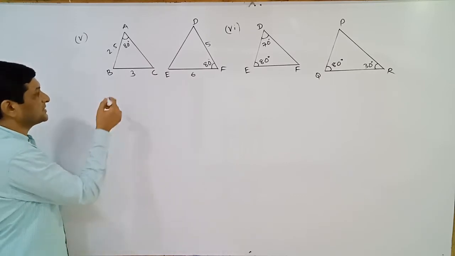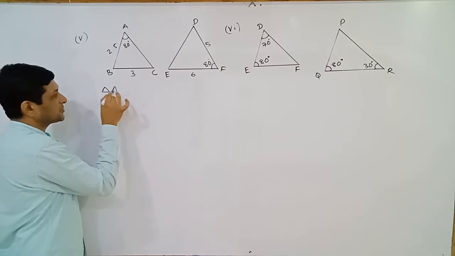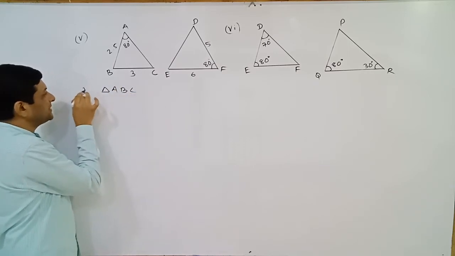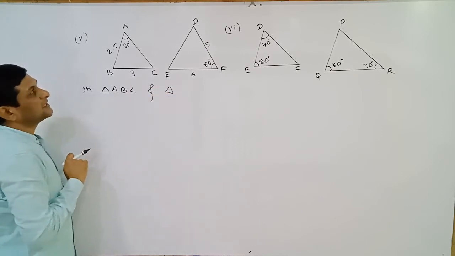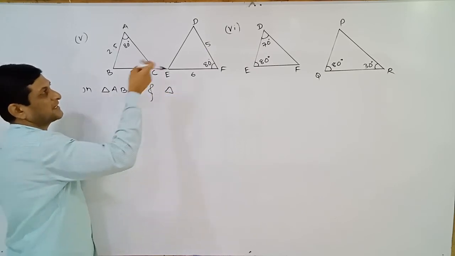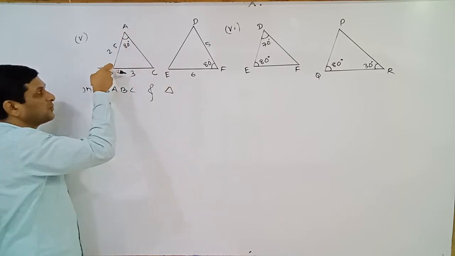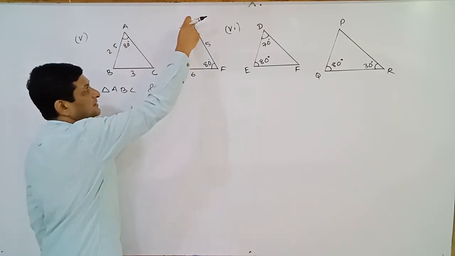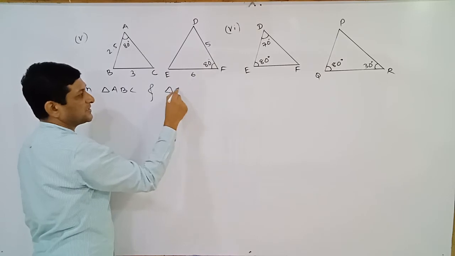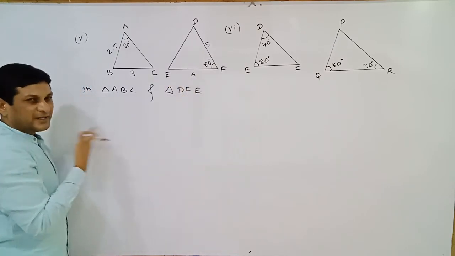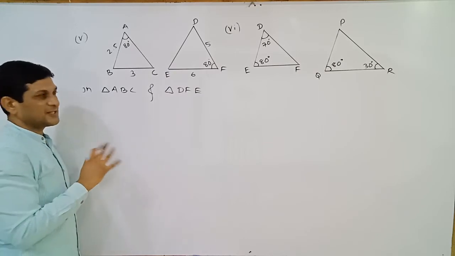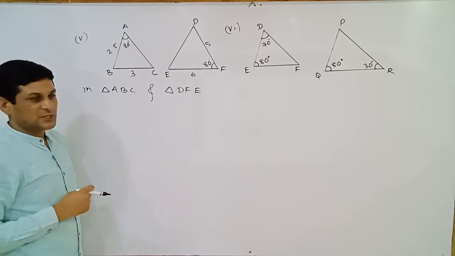So first consider triangle ABC and the other triangle. AB is 2.5, so DF will be its corresponding side, DFE. Already the triangles are not similar, so correspondence does not play that important a role here.